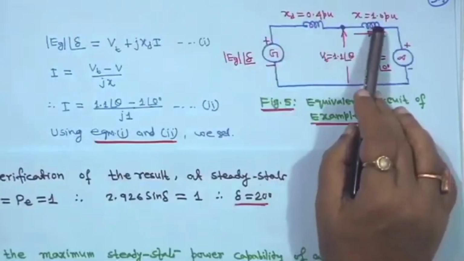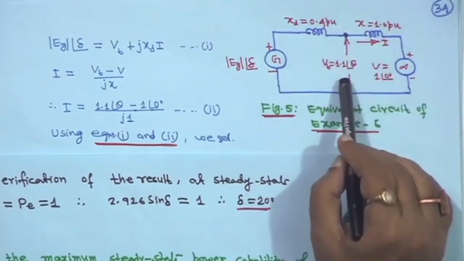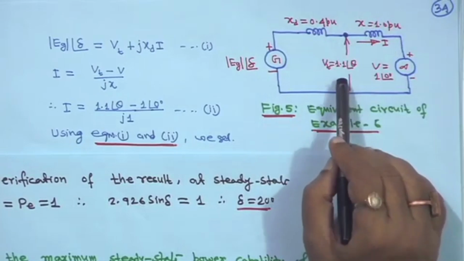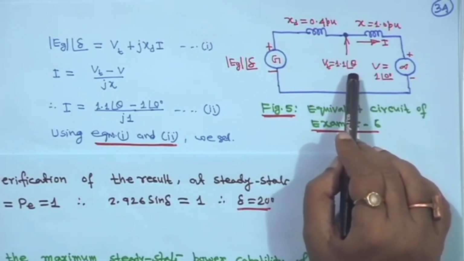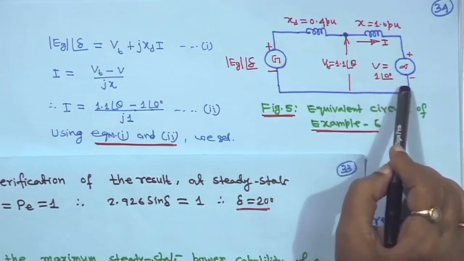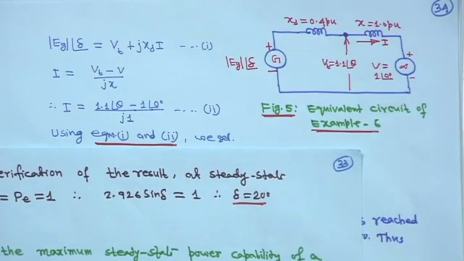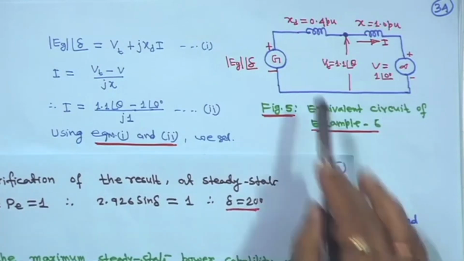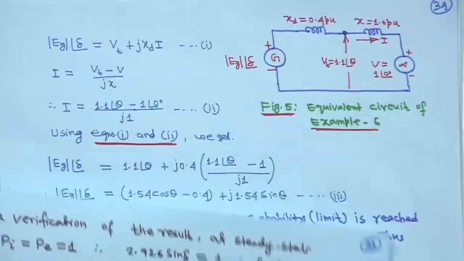So, this series reactance here is 1 per unit, and terminal voltage is given as 1.10 magnitude. So, we are writing V_t is equal to 1.1 angle theta, and infinite bus voltage is 1 angle 0. You have to find out the maximum steady state power capability. Whatever has been mentioned here, we are putting in this diagram.